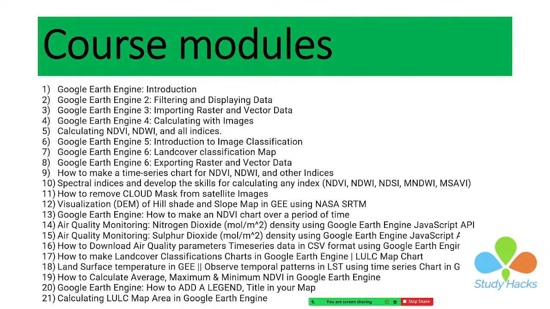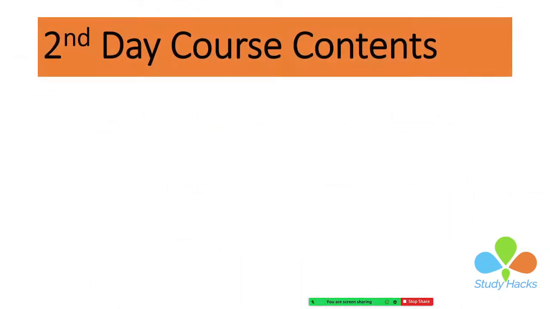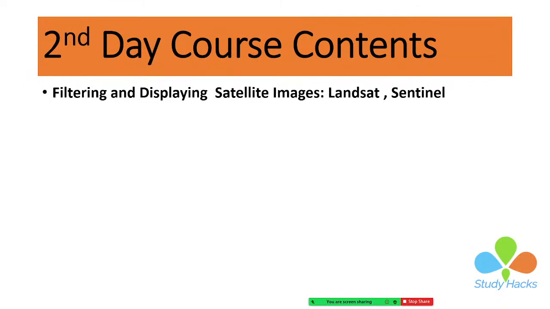Second day's course content: first of all, I will discuss how you can easily filter and display satellite images. Mainly I discuss the Landsat and Sentinel images, and how you can filter and display them using this platform.